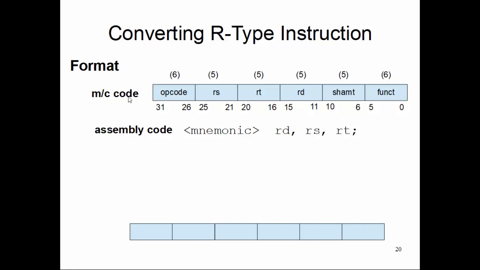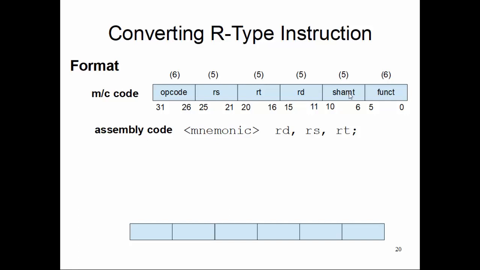So for machine code, each of R type, I type, and J type has a predefined format specified, which tells that it's 32-bit for this 32-bit MIPS, and the first 6 bits are of function type. Second, these 5 bits are of shift amount. I'll come to that later.